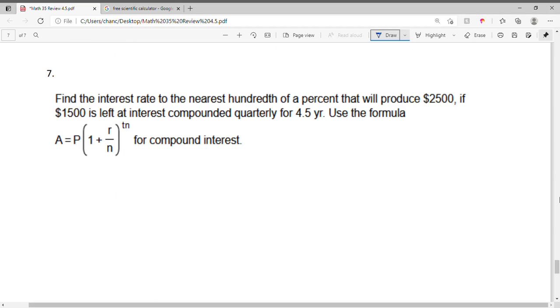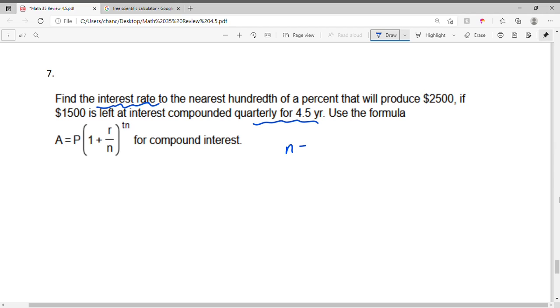For question 7, let's find the interest rate to the nearest hundredth of a percent that will produce $2,500, if 1,500 is left at interest compounded quarterly for 4.5 years. Use the formula A equals P times the quantity 1 plus R over N raised to the Tn power.